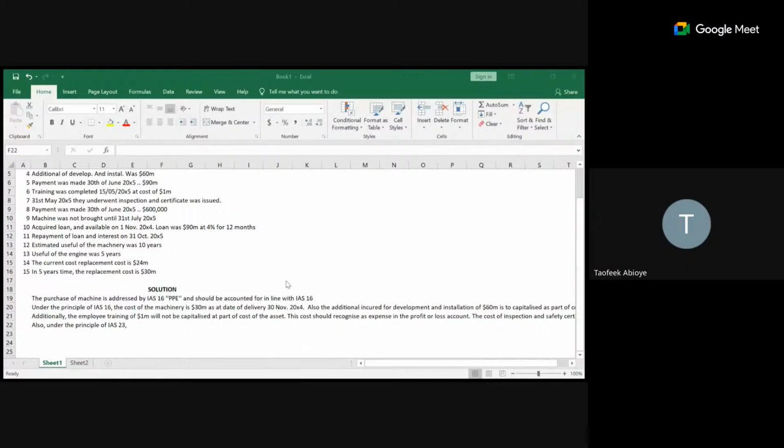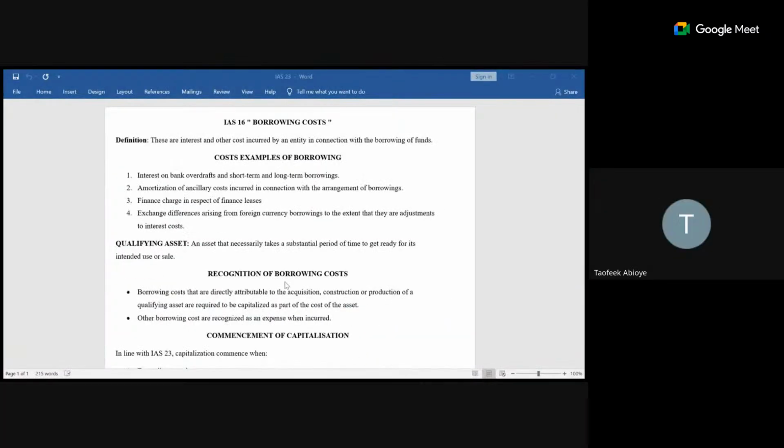I quickly drafted a note on IAS 23 because it is very, very important. IAS 23 deals with borrowing costs.